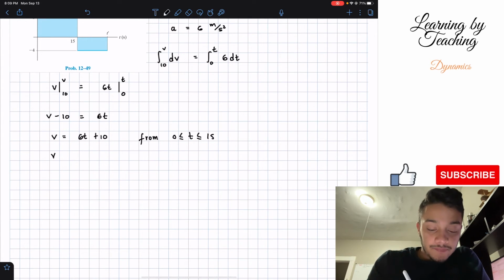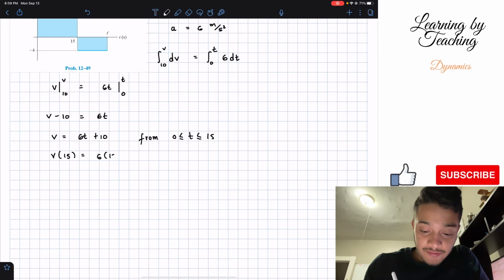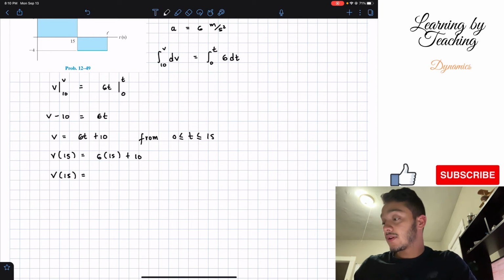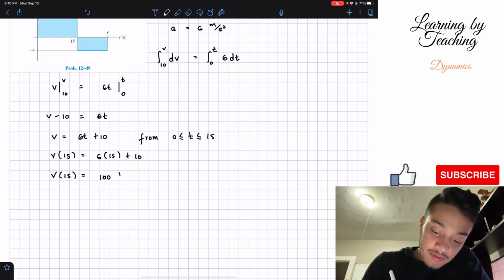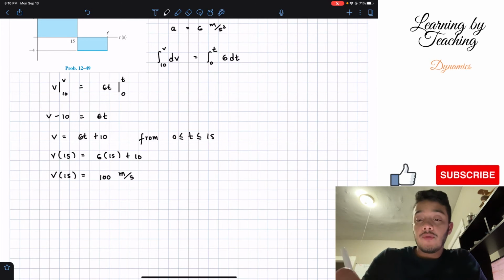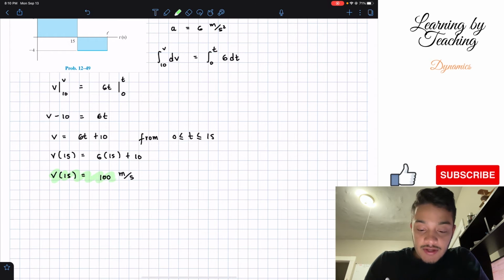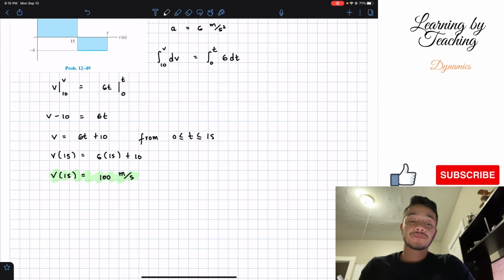So if we do that, velocity when time is equal to 15 seconds will be equal to 6 multiplied by 15 plus 10, okay? Therefore, if we plug this into our calculator, we will realize that this is equal to 100 meters per second, okay? And we just found our first answer for the question.